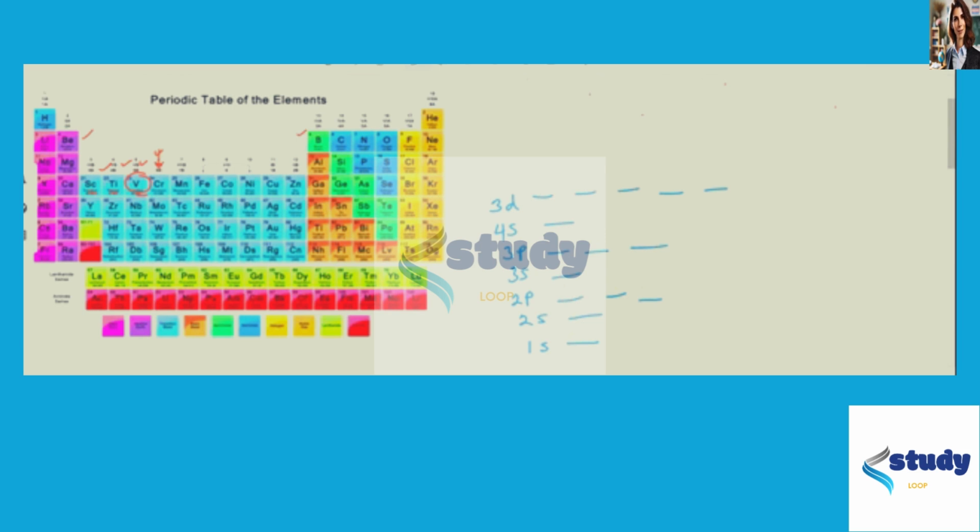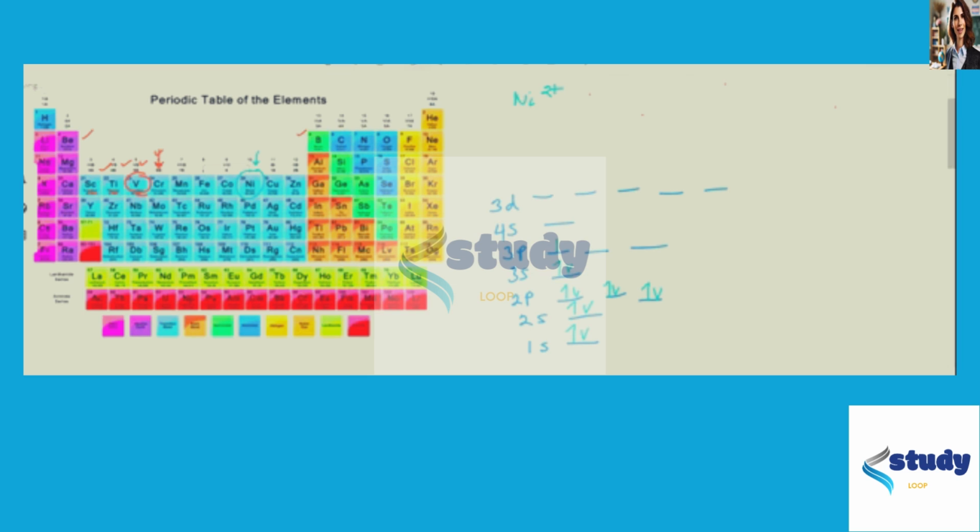Next, we're going to take a look at nickel 2 plus. So nickel's located right here in the periodic table. And yeah, you guessed it. A lot of the same pattern that we're going to follow in making first nickel in its atomic form and then nickel in its +2 cation form.